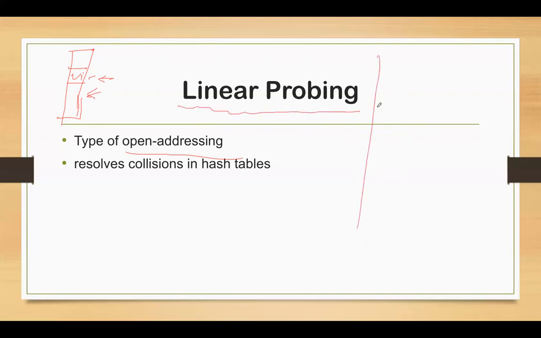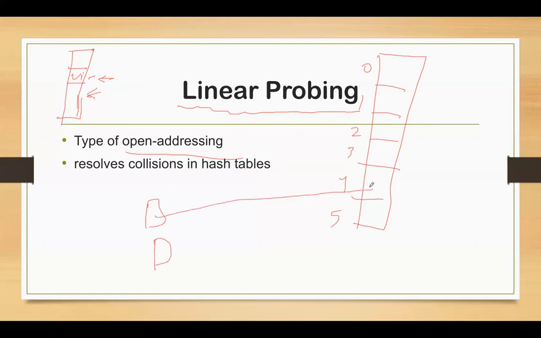What it does is iterate your array in a linear way. Suppose I have an array with indexes 0, 1, 2, 3, 4, 5, and I have two objects. The first item gets saved at index 4. The second item also gets hashed to index 4.